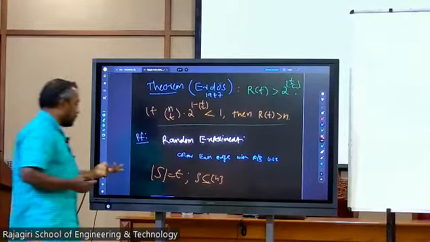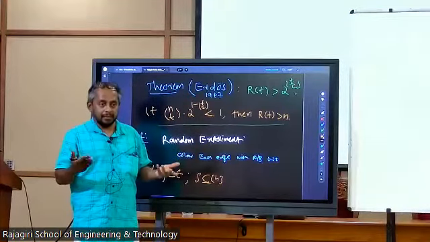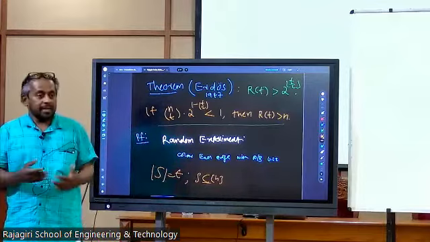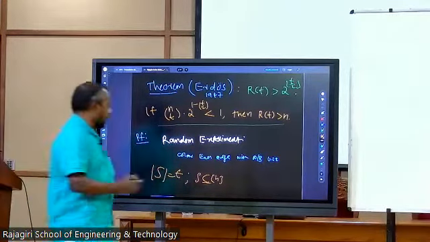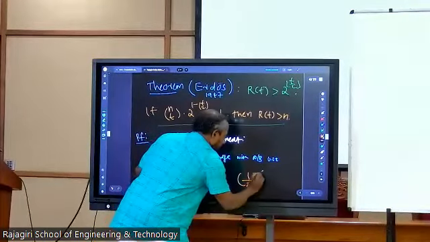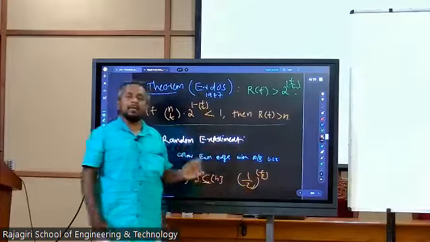So we have t choose 2 edges. Each edge can independently be red, and since they are independent, we can multiply the probabilities. So we have 1/2 raised to t choose 2. That is the probability that all the edges are red.